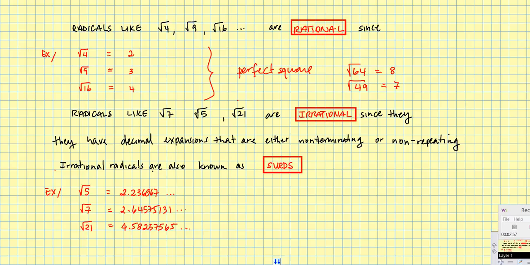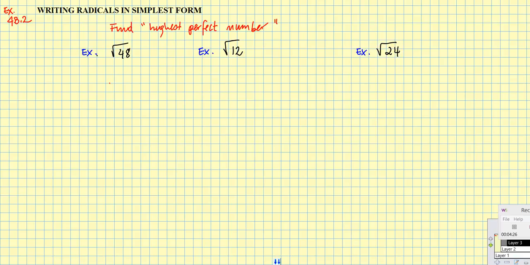All the perfect squares are considered rational, and they're radicals. And the irrational numbers like root 5, root 7, root 23, and so forth, those are irrational radicals that are known as surds.